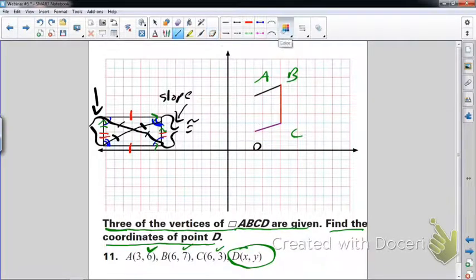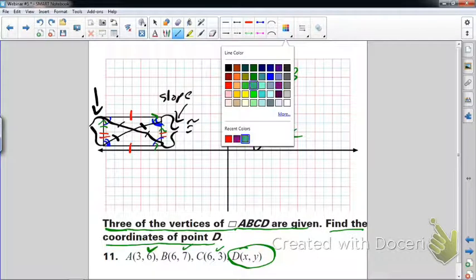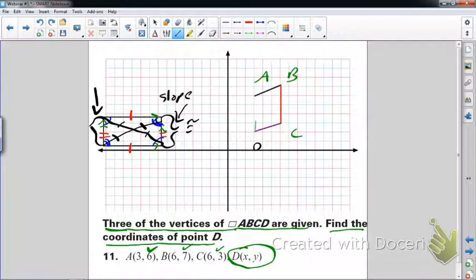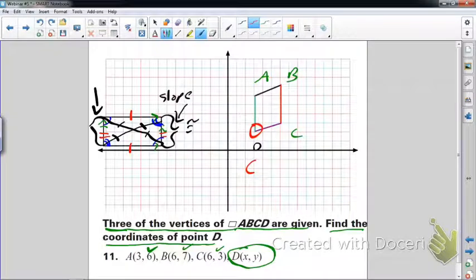And then I'm going to go from D to A. And there's my parallelogram. What I'm looking for is the coordinates, where they intersect, and they intersect at (3, 2).